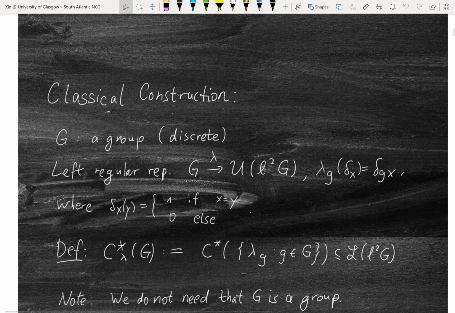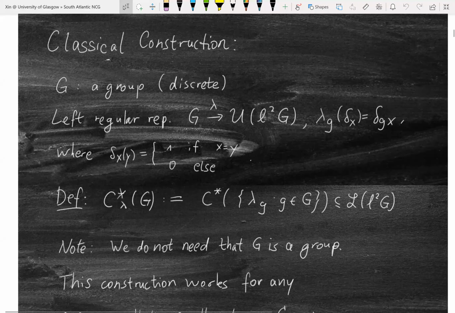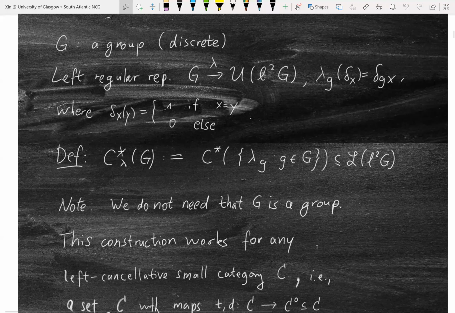And what you observe is that this construction actually works whenever you have a small category with some assumption that allows you to say that your representation will be by bounded operators. So for instance, this condition of left cancellation would be sufficient.